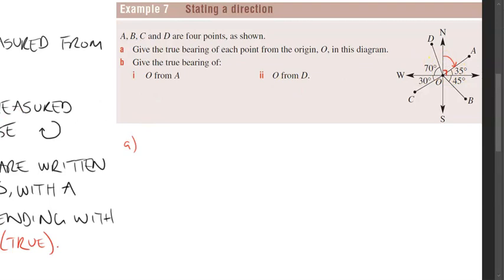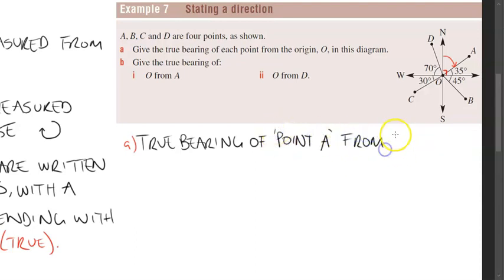So, true bearing of point A from point O, and the point O is just the origin, is equal to, and we've just got to show the working out.